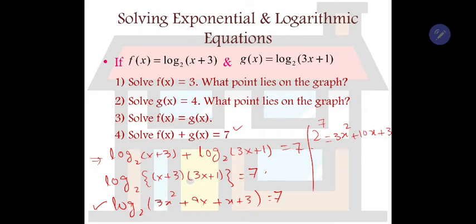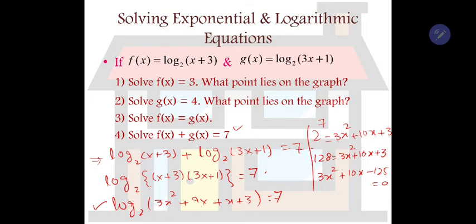Now 2 to the power 7 is 128, equals 3x squared plus 10x plus 3, and finally this should become 3x squared plus 10x. If I bring 128 to the other side, that would become minus 128. So 3 minus 128 will give me minus 125 equals 0.